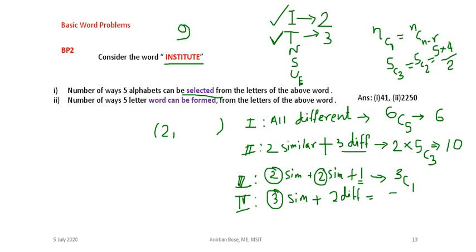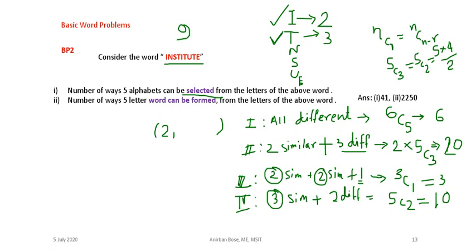So that can be done in 5C2 ways. 3C1 was 3 and 5C2 was what? We have seen 5C2 is 5 into 4 by 2, that is 10. So here 5C3 is 10, 10 into 2 is 20. Sorry, this result ultimately is equal to 20, and this 5C2 is basically 10.